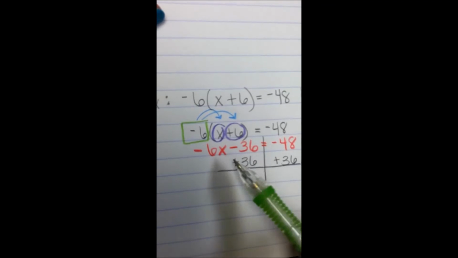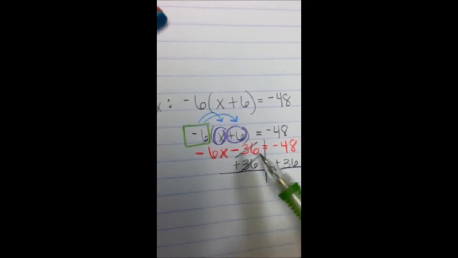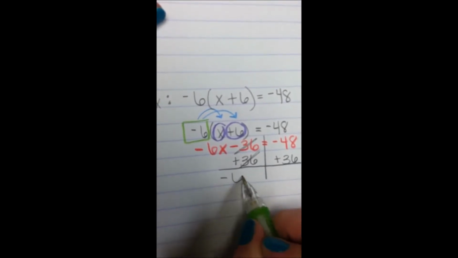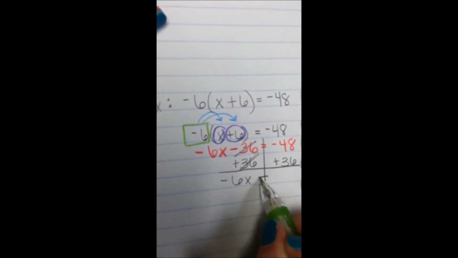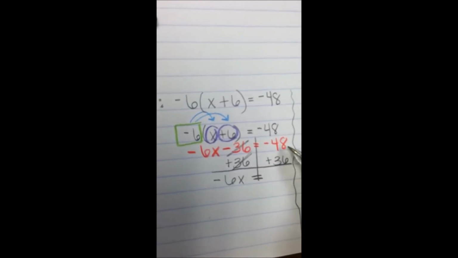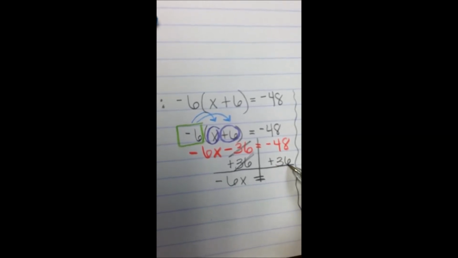Okay, the 36s cancel out, so on this side of the equation, you are left with the -6x, so you carry the -6x down, and that equals, okay, got to remember integer rules here, -48 and a +36.